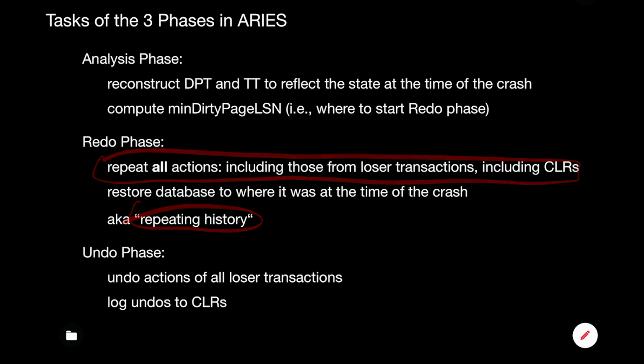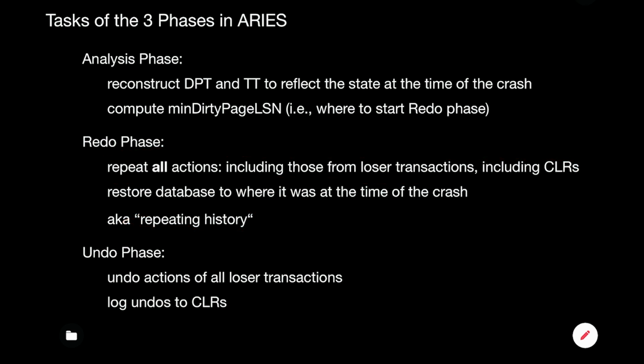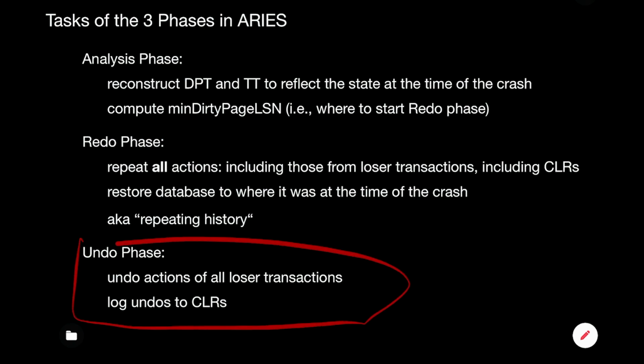So after the redo phase, your database store is in the same state it was in as of the time of the crash. You now know all my pages, at least in the database buffer, are in the same state as of the crash. And now the only thing that remains to be done is you undo the actions of all loser transactions. So how do you determine the loser transactions?